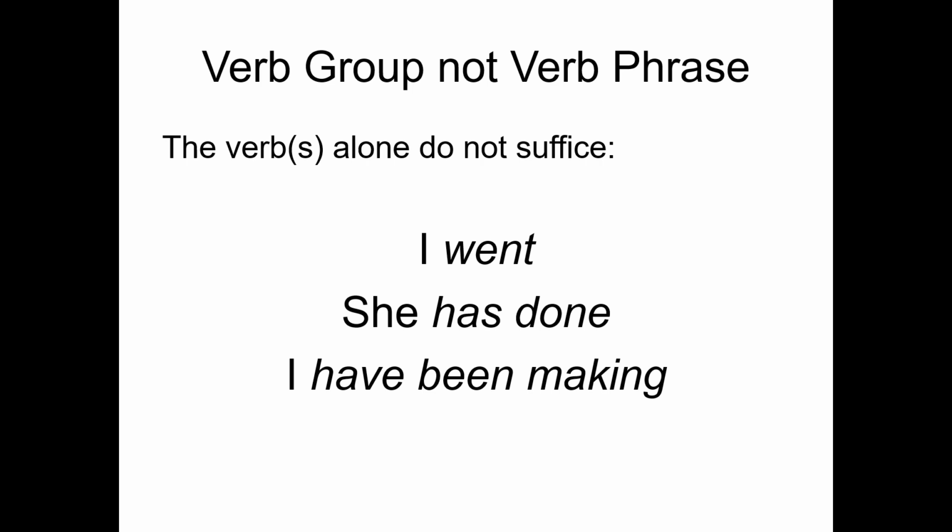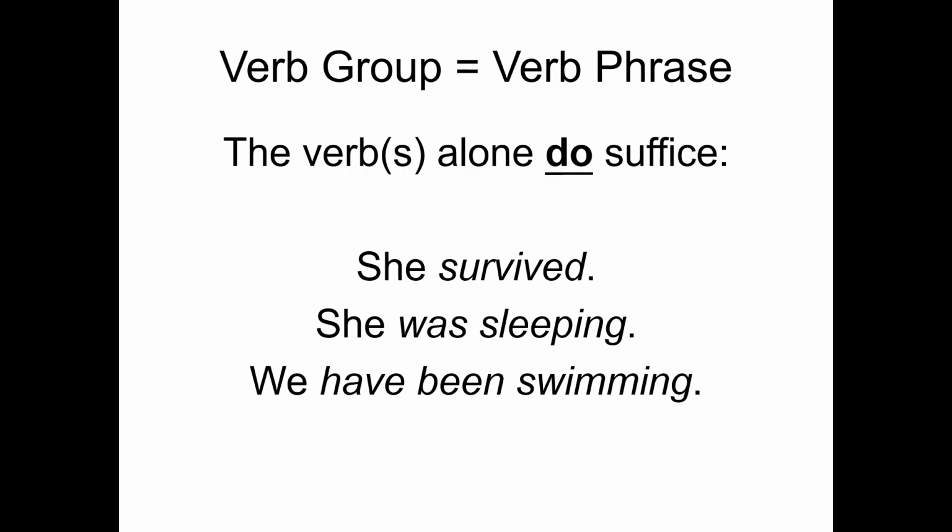So once again the distinction: a verb group only contains the verbs, and a verb phrase is a grammatically complete description of the action or of the event or any other statement that you can make about reality. In some other cases, what was she doing when you came into the room?